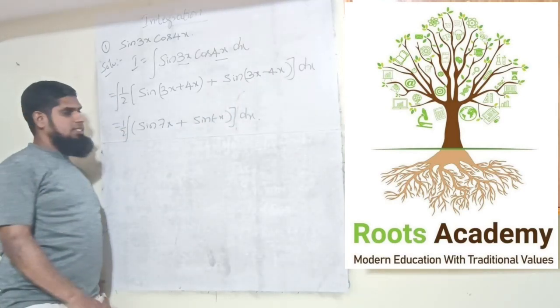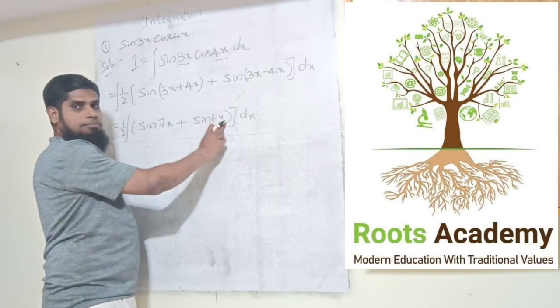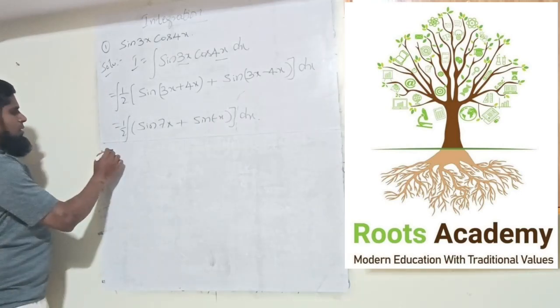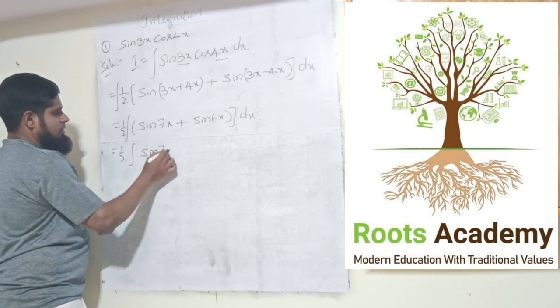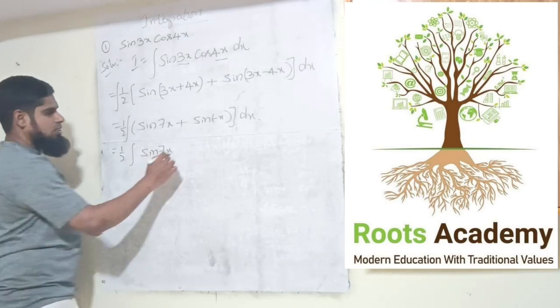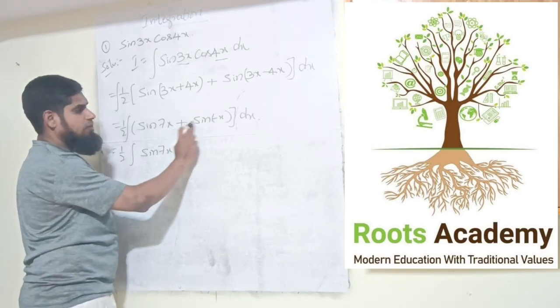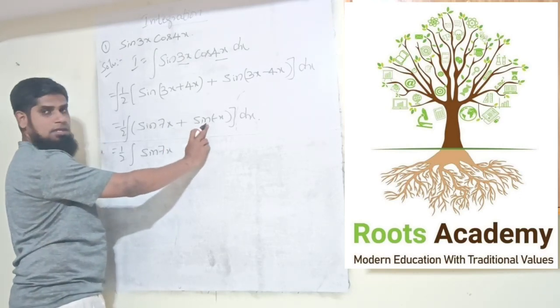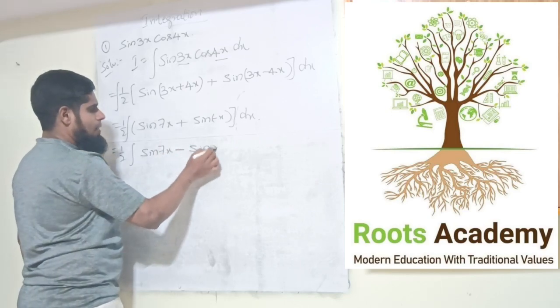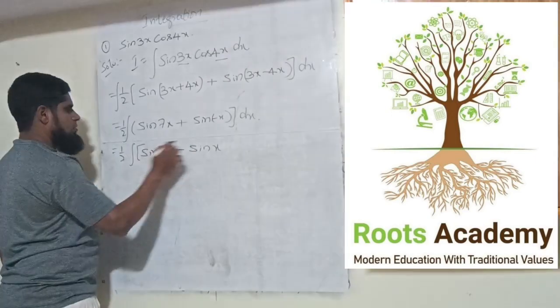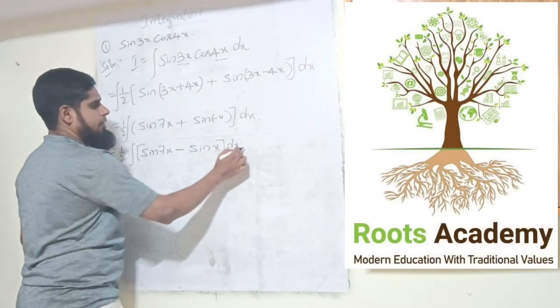Now in first PUC we studied that sin of minus x is minus sin x. So 1 by 2 integral of sin 7x as it is, and there is a plus here, one negative comes out, so plus into minus is minus sin x, close the bracket, dx.